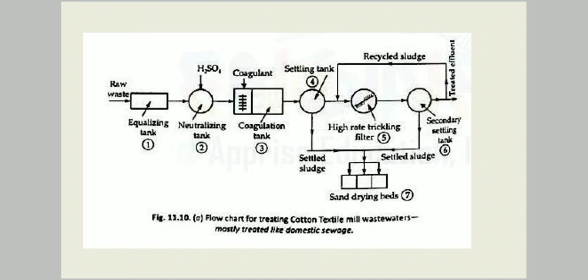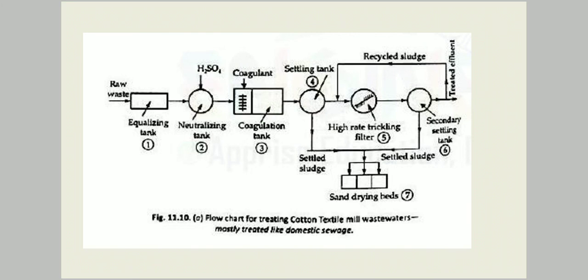Next, as I said earlier, cotton processing wastewater is rich in alkaline content, so we need to neutralize the water to bring it to around neutral pH. So we add dilute sulfuric acid along with certain other agents to neutralize the wastewater.